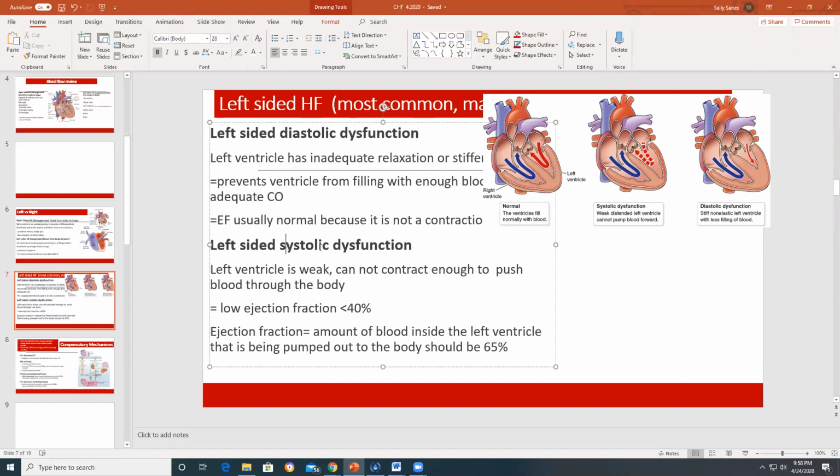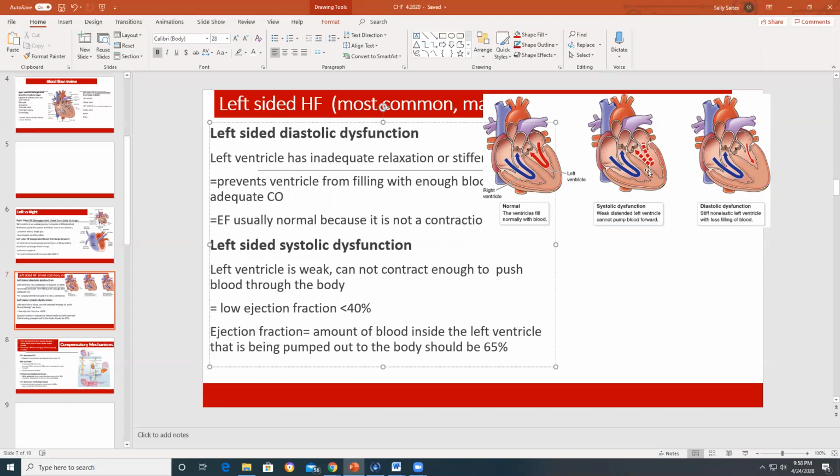Whereas left-sided systolic is a contraction issue. So here you can see there's a nice area for that ventricle to fill. That's not the problem. This ventricle is nice and relaxed, not stiff, and so the blood can come in here ready to be pumped out to the body. However, in systolic is our contraction.